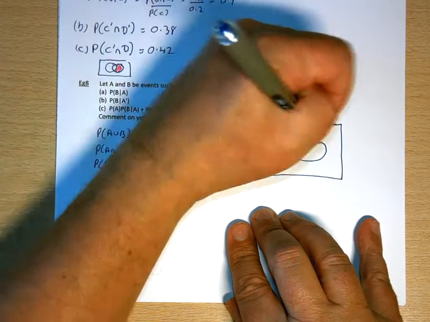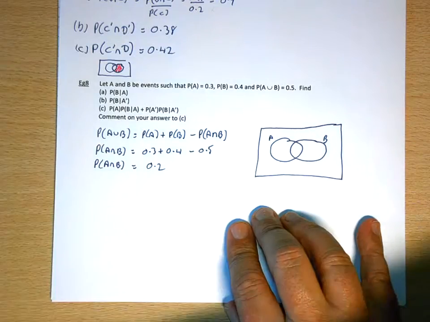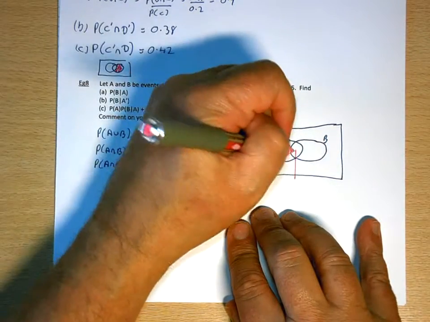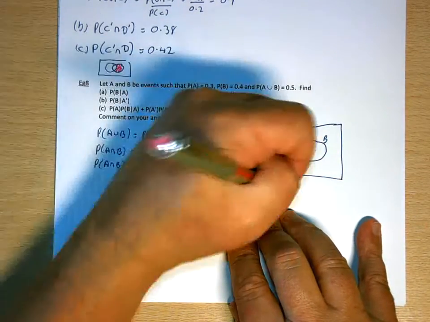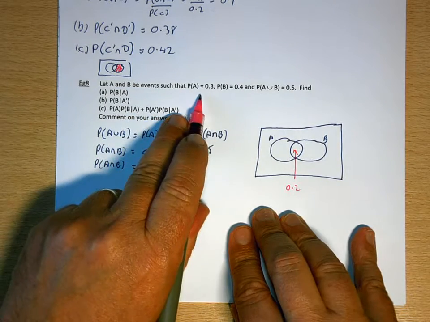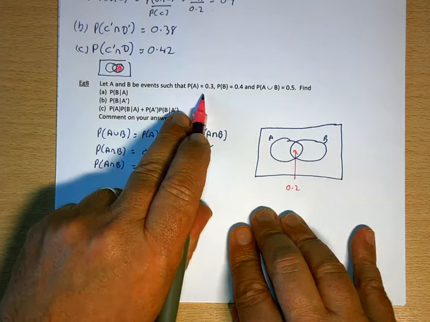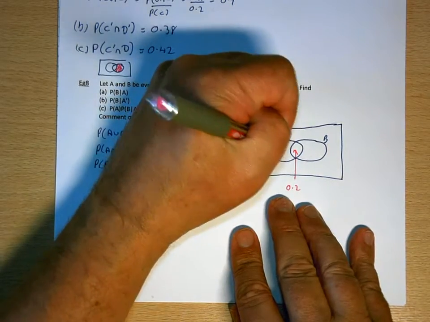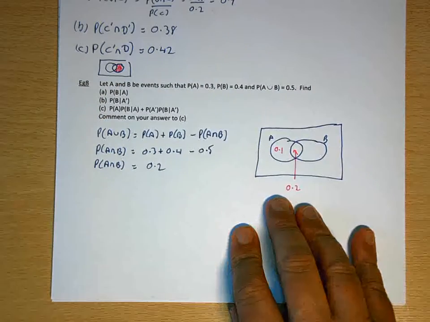This time my events are A and B, and I know that the intersection is 0.2. I know that A occurring, the probability is 0.3, so the probability of only A occurring is 0.1.